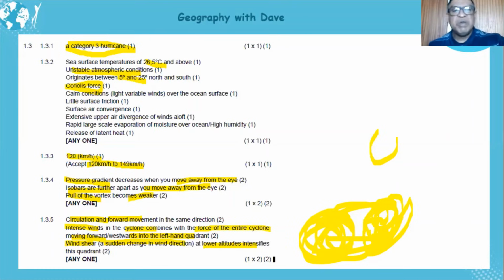Okay, but what I want to say, these questions may have given you challenges. Look at the simple ways in terms of how you would answer it. It's right down here. This whole cyclone movement plus the circulation combined to create that intensity.